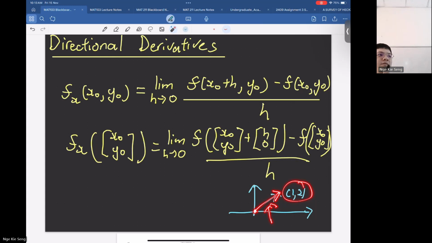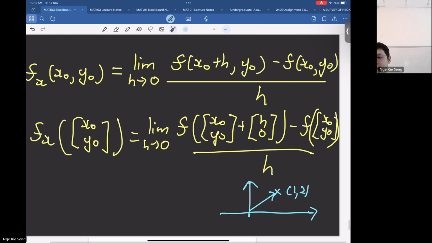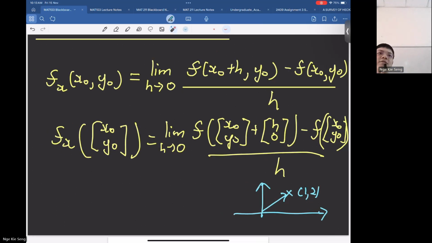What is it? What's the vector that goes from the origin and ends at the point 1, 2? What's this vector?